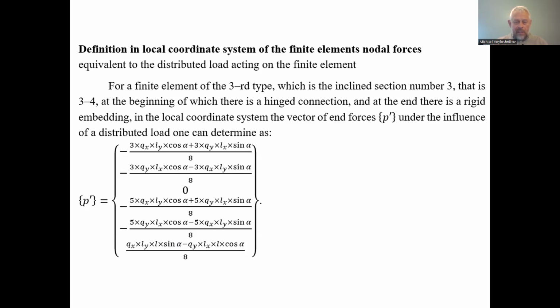Thus, we distribute the static indefinability of the system by the geometric vector combining of the finite elements, and we distribute the static indefinability to the indefinability of finite elements. And the finite element indefinability is pre-decided, and we have beforehand the decisions for statically indefinable elements of any type: first, second, third, and fourth type.